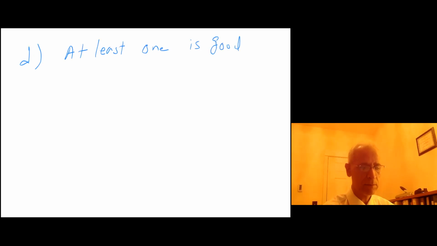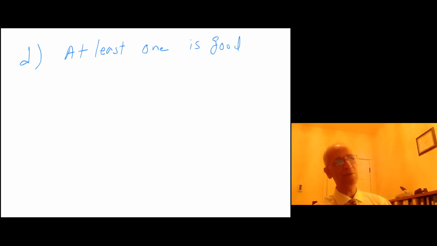Okay, one last part is, let's say, the probability that at least 1 is good. So this was part D. Let me just go to part D. Probability that at least one is good.